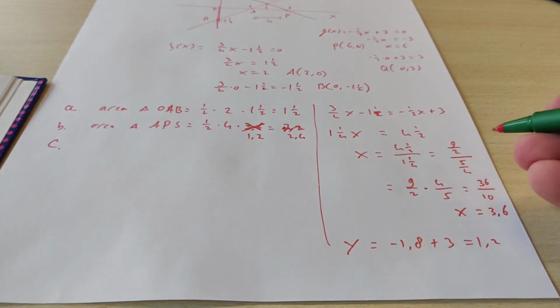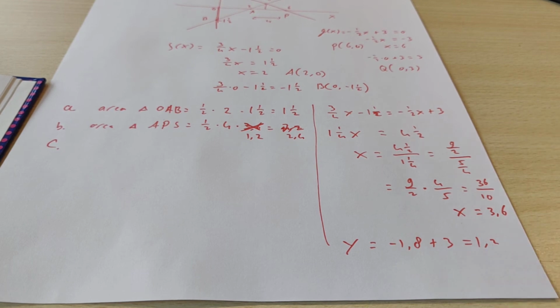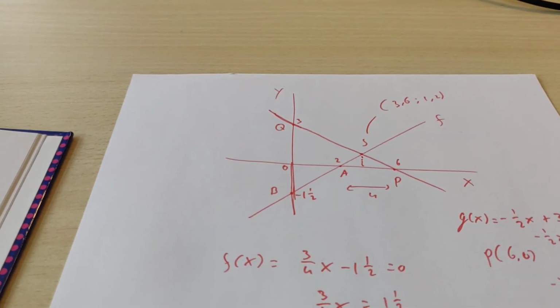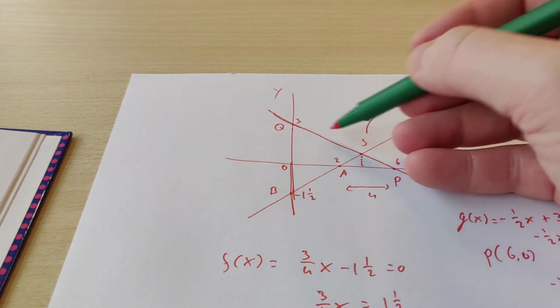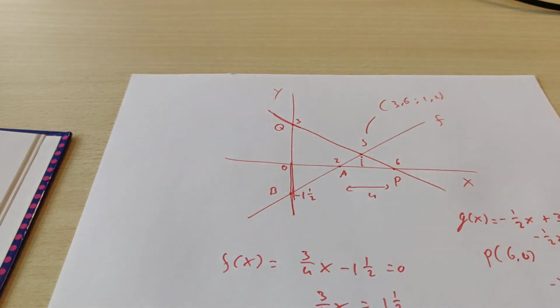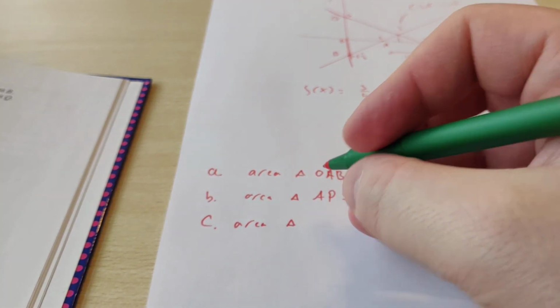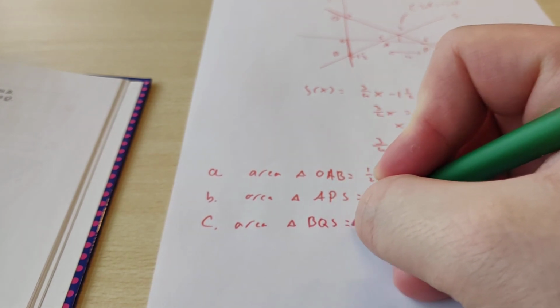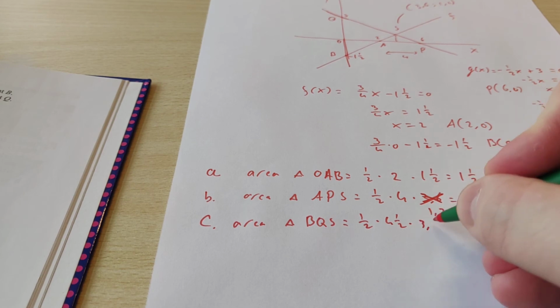And we already knew what x is here, and we do need that for triangle BSQ, right? Because here we have this triangle, BQS, that one. Because this length is 4.5, and this length is 3.6. So if you want to calculate the area for triangle BQS, I have to do a half times 4.5 times 3.6.